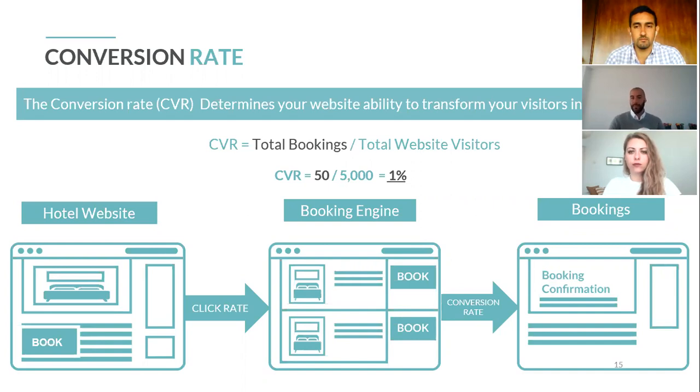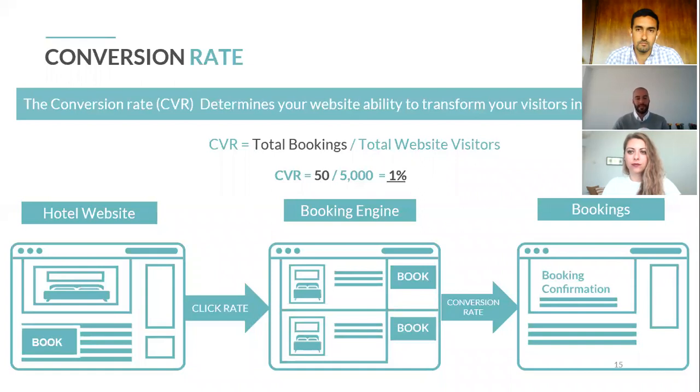So just how many visitors your website gets, and out of those visitors, how many bookings your website is able to generate. So we give you the straight up formula: conversion rate is total bookings divided by total website visitors. In this case, we get 50 divided by 5,000, keeping the same example, which gives you a 1% conversion rate, which is pretty good. Actually, in the industry, 1% is an extremely good benchmark.